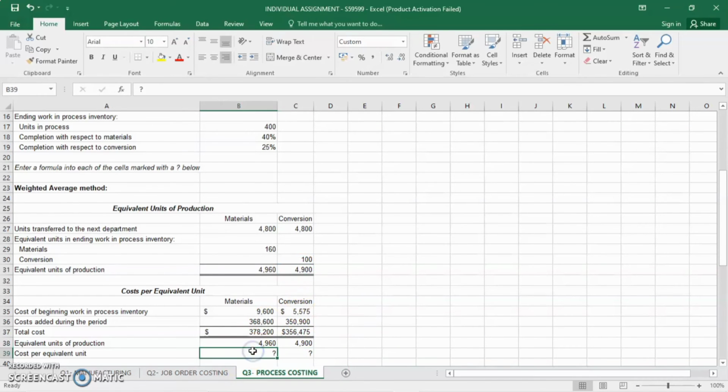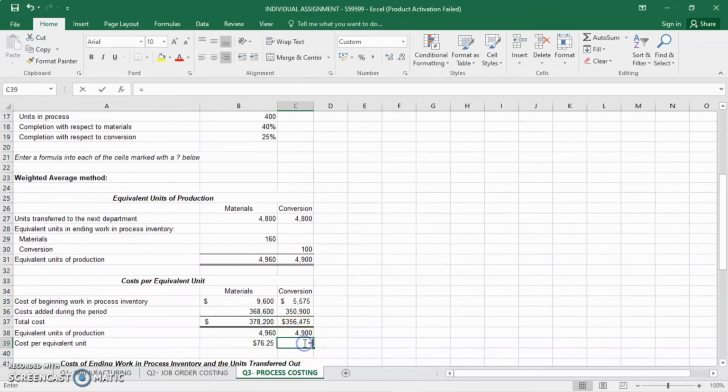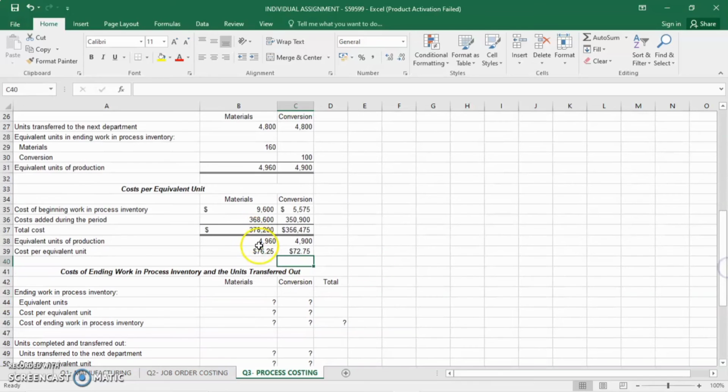To get cost per equivalent unit, total cost divided by equivalent units of production, and for conversion divided by equivalent units of production, and get 76.25 for material and 72.75 for conversion.